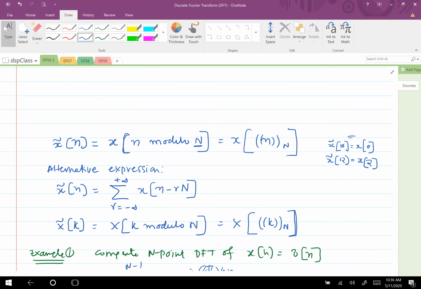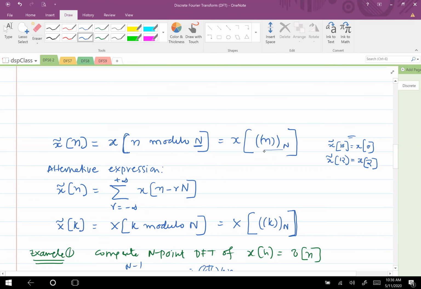Now with DFS, if you recollect, if you want to shift a signal by a value, say m, to get x of n minus m, one way is to consider one period before and after, move it accordingly, and then take one period starting from 0. If you are keeping track of everything through one period alone, we have done the same thing with DFS purposefully, because that would be useful here.